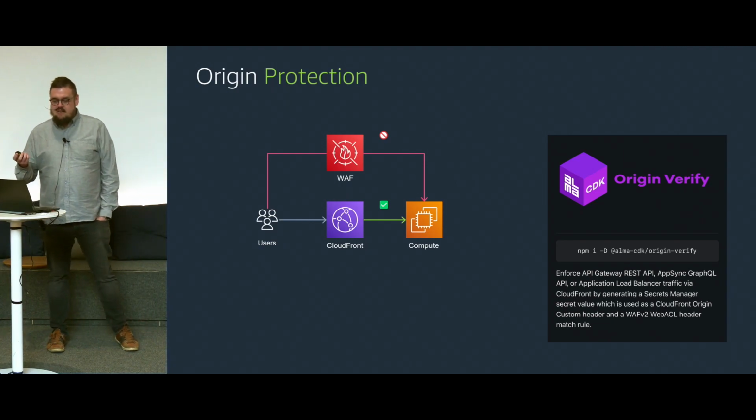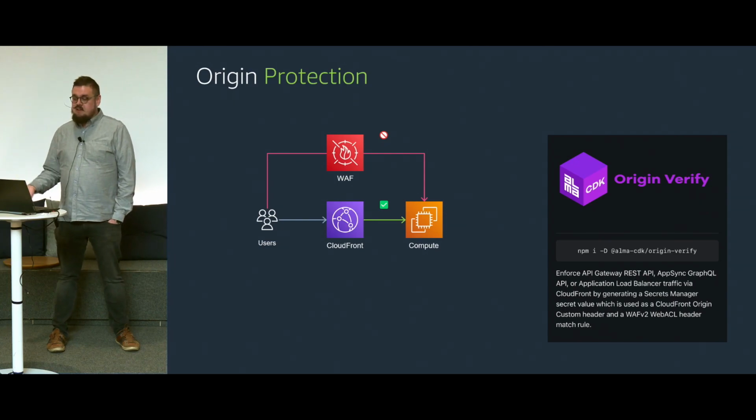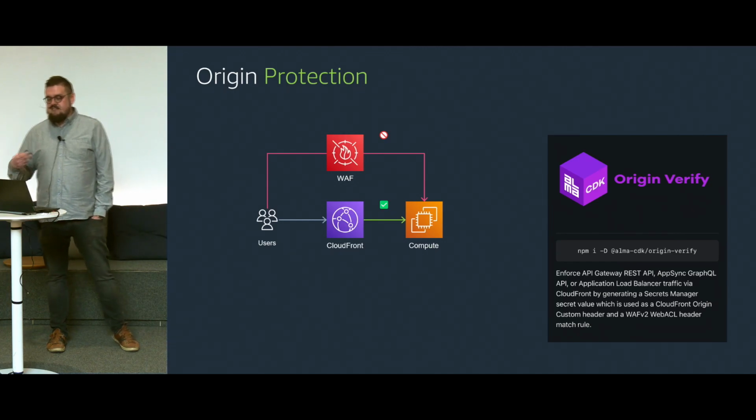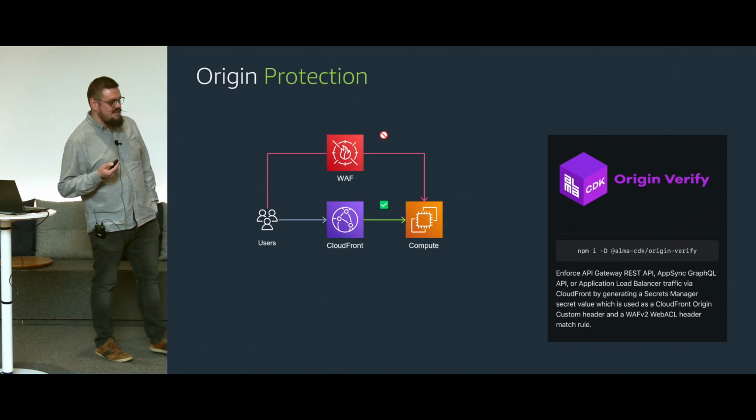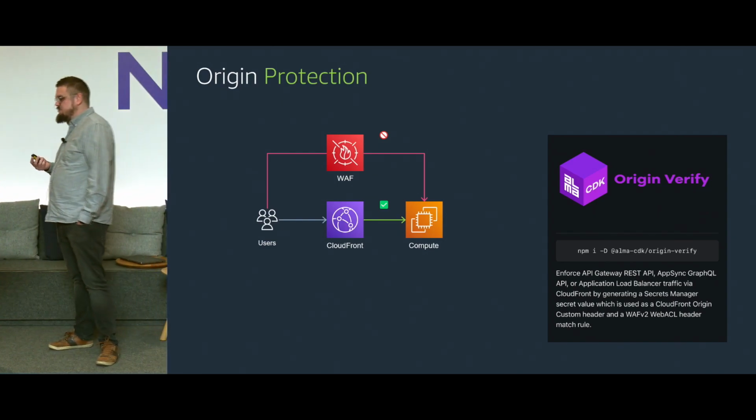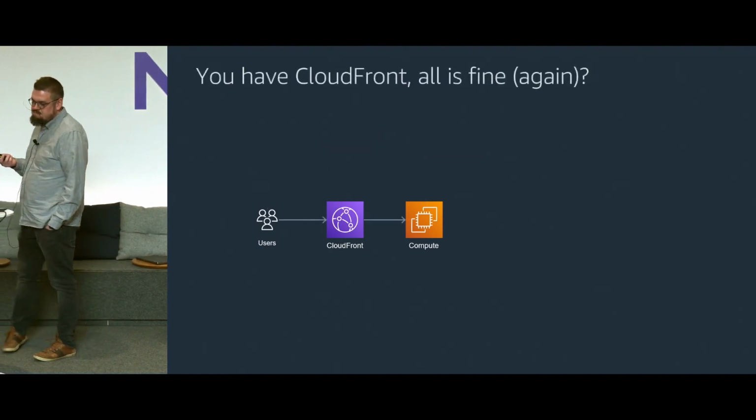This is a pattern that is quite common, so we've again created a CDK construct for it, so take a look if you're interested. But just to say that these kinds of patterns are one of the really good things about CDK: you can solve once and then use everywhere.